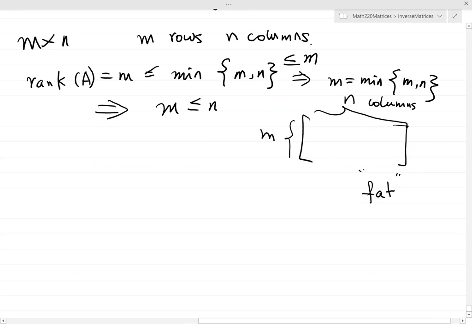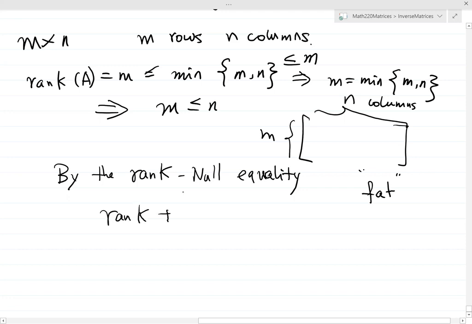Now we have the rank-nullity equality: the rank of A plus the dimension of the null space is the number of columns, which is n.